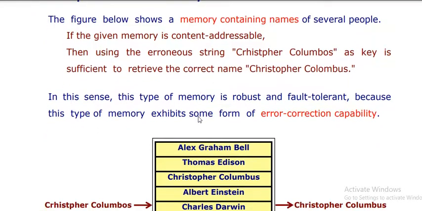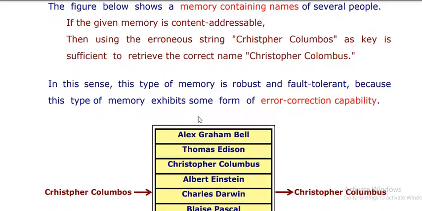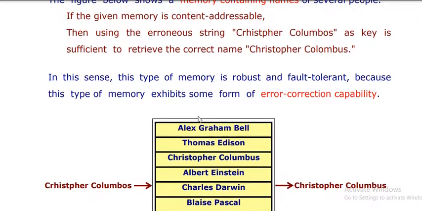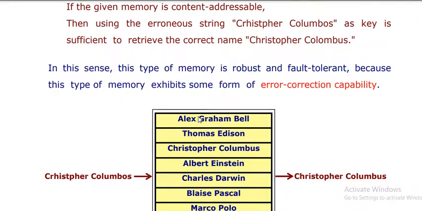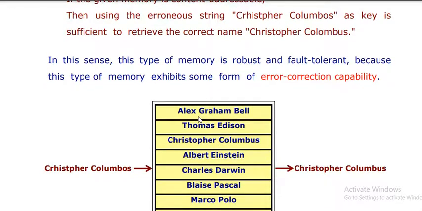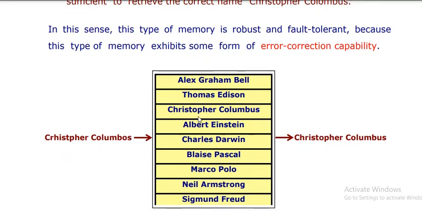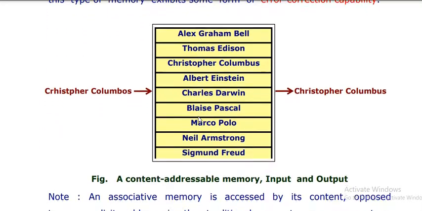If the given memory is content-addressable, then using the erroneous string Christopher Columbus as key is sufficient to retrieve the correct name, Christopher Columbus. In this sense, this type of memory is robust and fault tolerant because it exhibits some form of error correction capability.